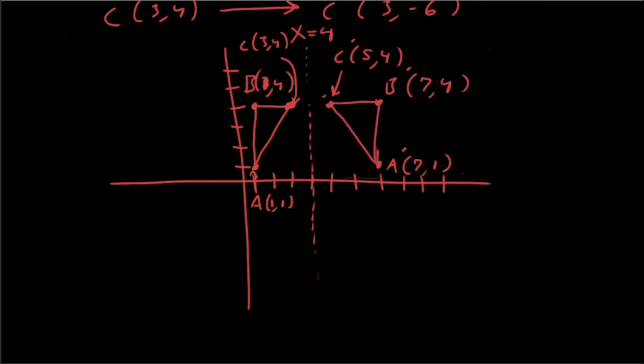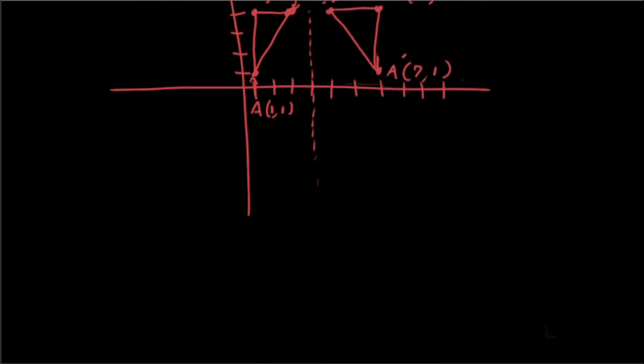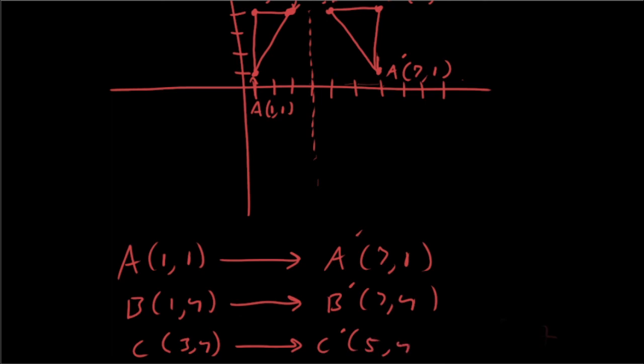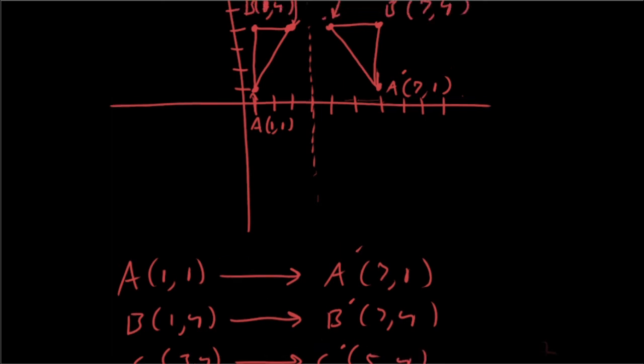Right? So let's get our rule. A, 1, 1, goes to A prime, which is 7, 1. B goes from 1, 4 to B prime, which is 7, 4. And C goes from 3, 4 to C prime, which is 5, 4. So what rule can we do?